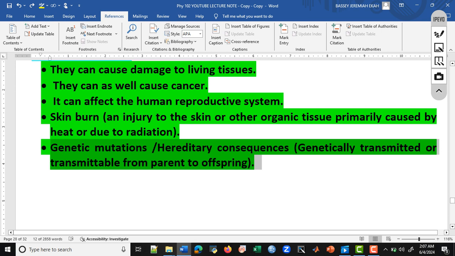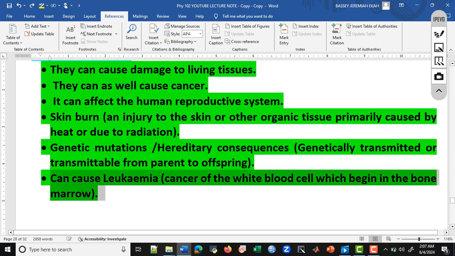So if the parent has contracted a particular disease, X-ray can make that disease be transmitted from the parent to the offspring, which is the children. They can cause leukemia, cancer of the white blood cell.